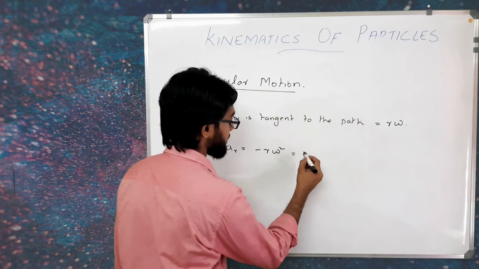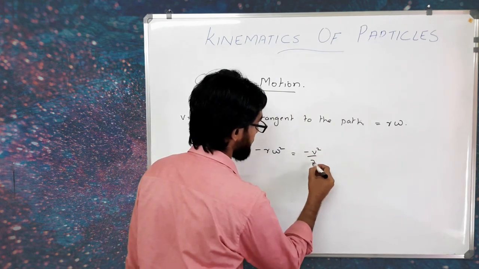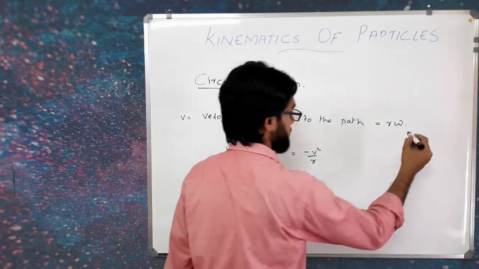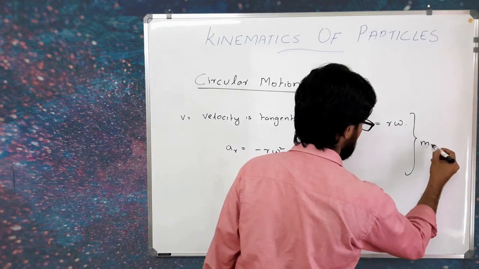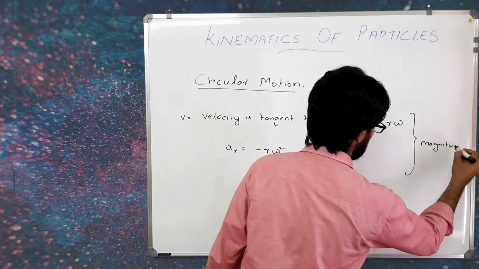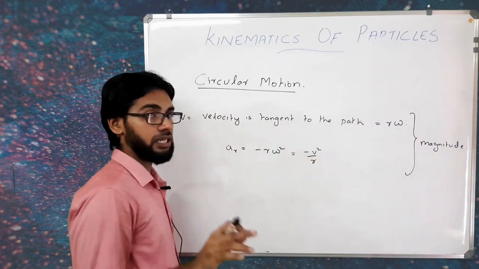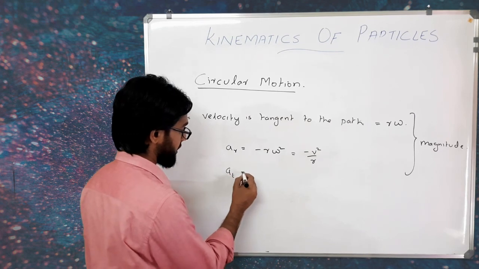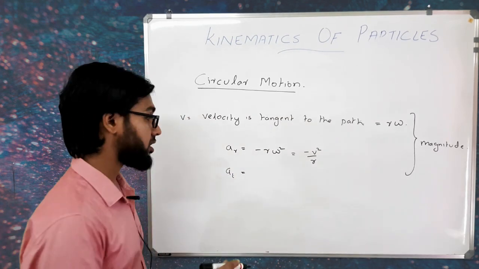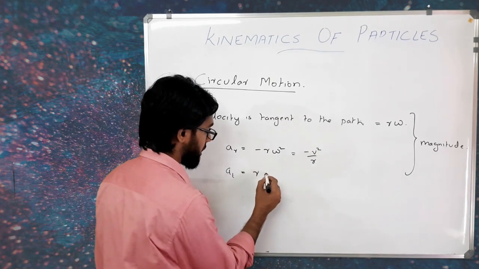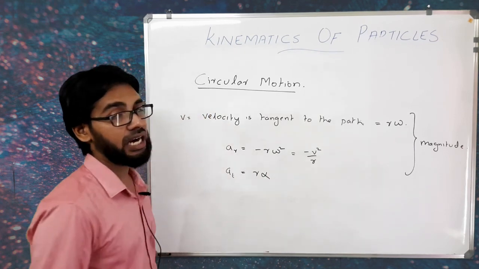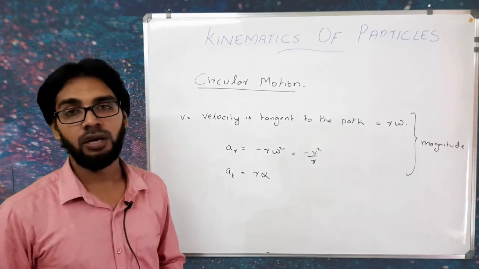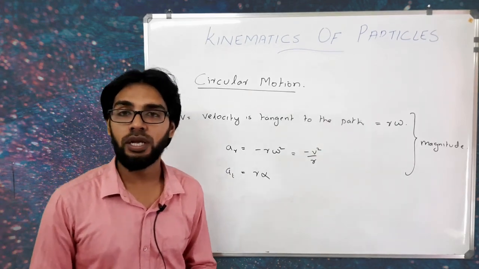So I can represent as minus v square by r. Remember, I am expressing only magnitude, not direction. These are magnitudes alone in case of a circular motion. Similarly, the corresponding tangential value will have a magnitude of r alpha. These equations you must have previously studied when dealing with circular motion.